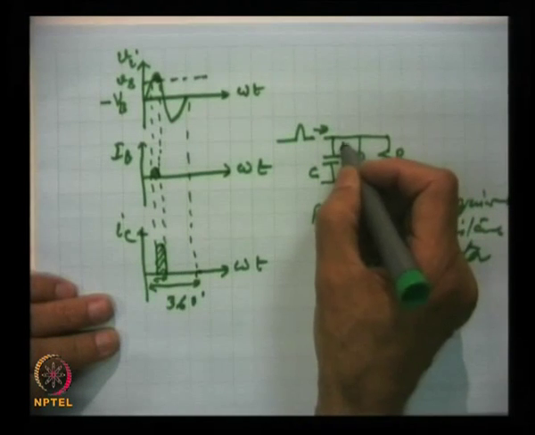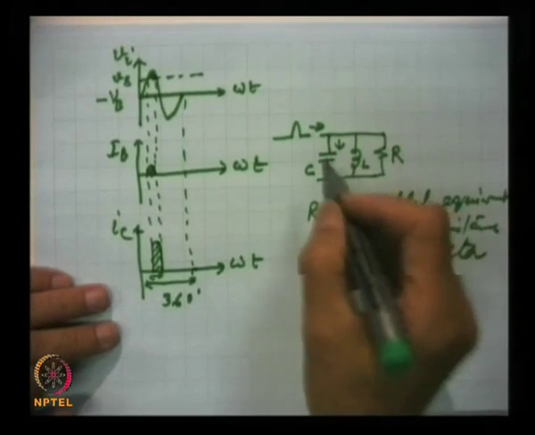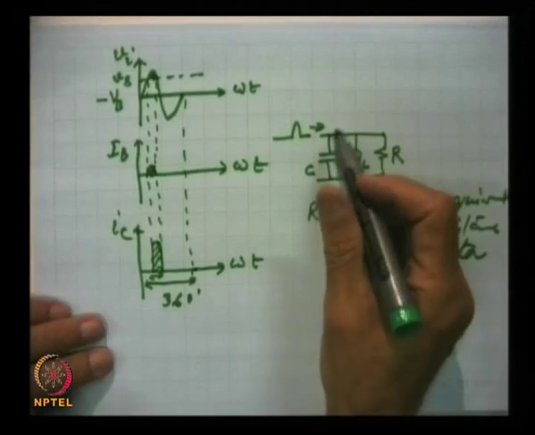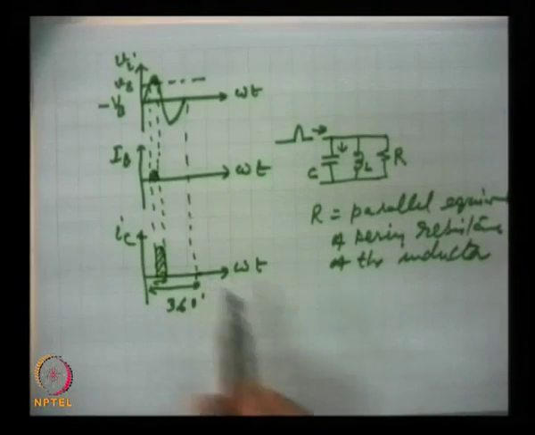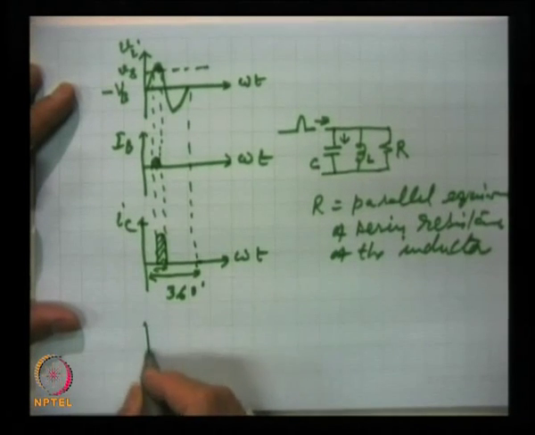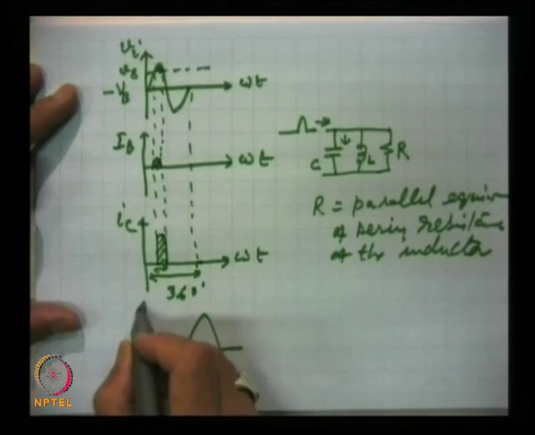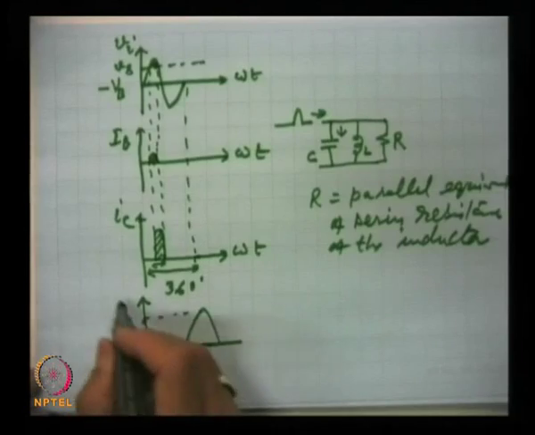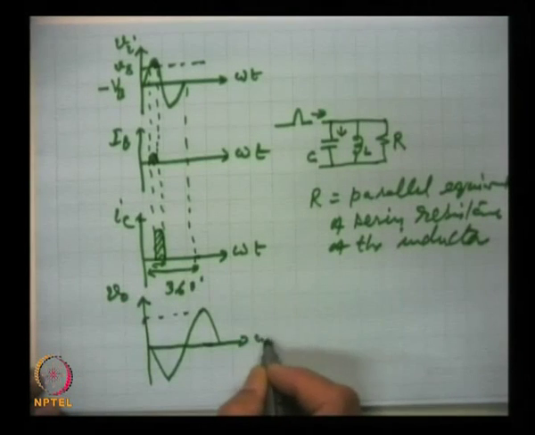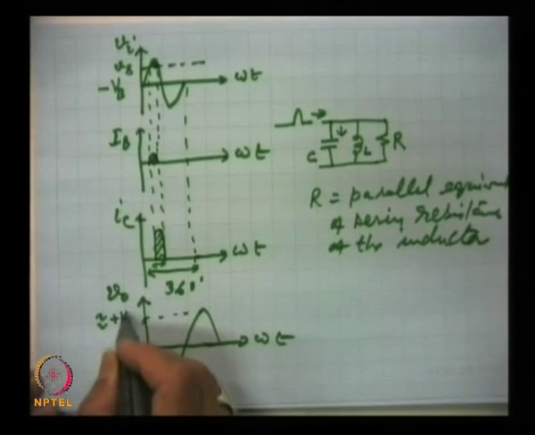So, the current will pass through this capacitor, and this capacitor will be charged, and this will acquire almost the same charge as VCC, because I will show you what finally we are going to have. This is the output voltage, V out versus omega t, and the peak value will be close to VCC.